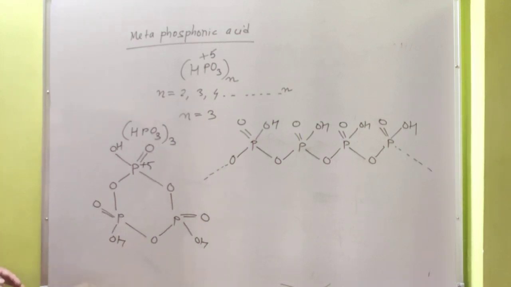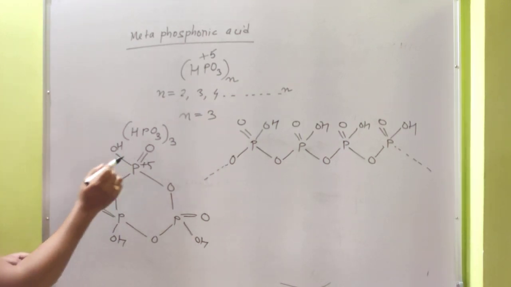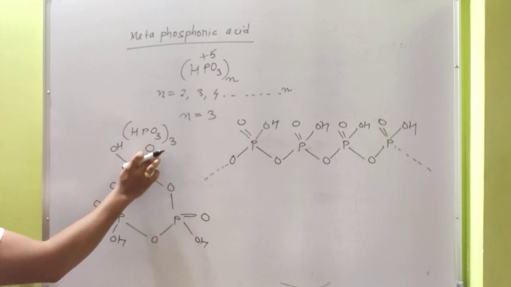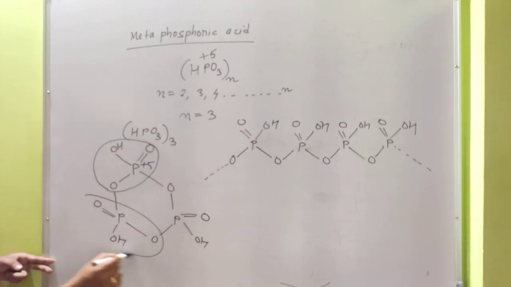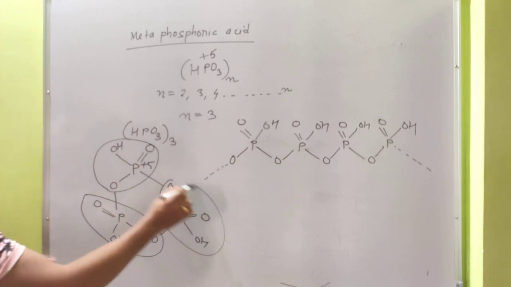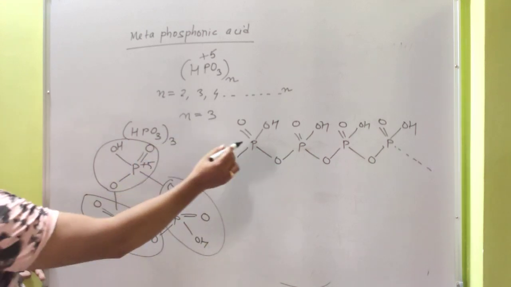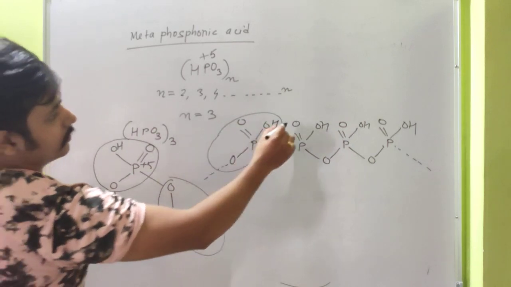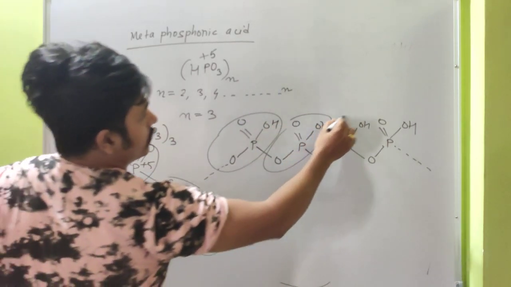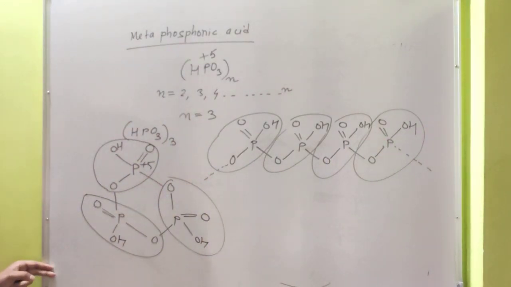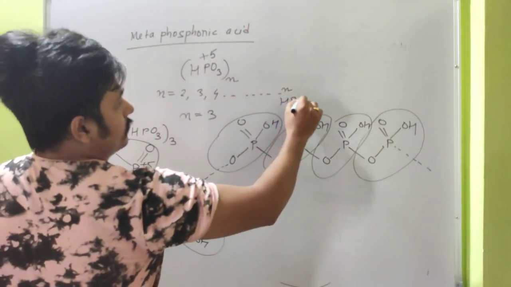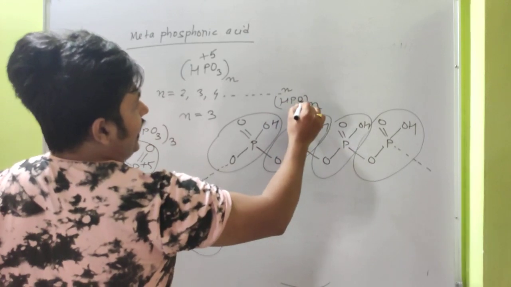Okay, so here what you observe, HPO3 units, how many? 1, 2, 3. Here if it is 4, 1, 2, 3, 4, HPO3, that's why it is n.